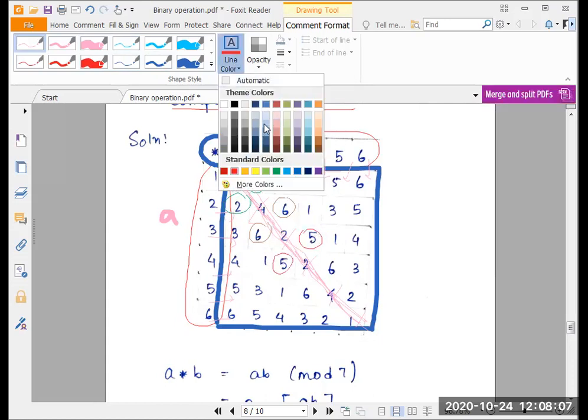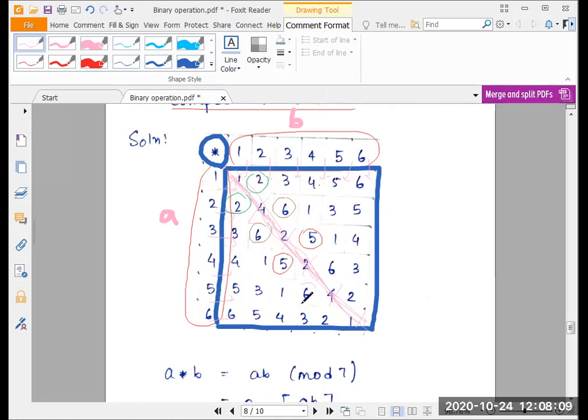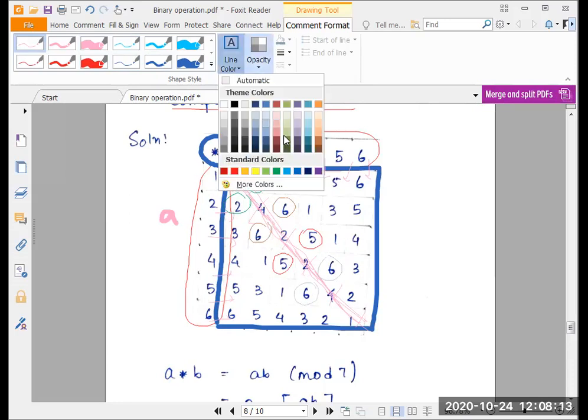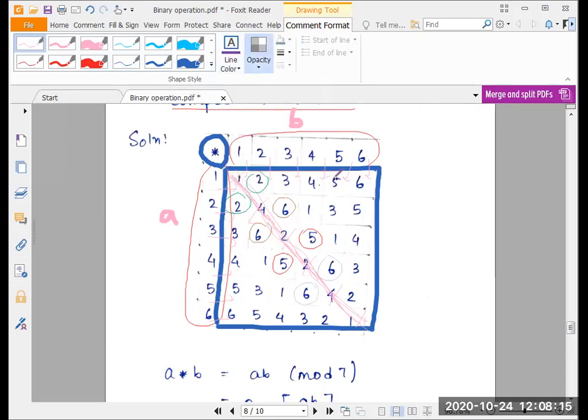Take a different color. I don't think I have used this many colors in any of my videos yet. There's 6 on this side, there's 6 on this side. Finally, a different color, for anybody who likes purple: there's 2 on this side, there's 2 on this side. So you see all these numbers are exactly mirrored on both sides of the diagonal that I've considered.